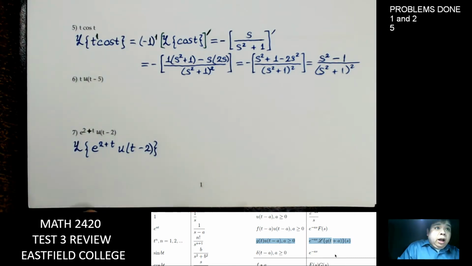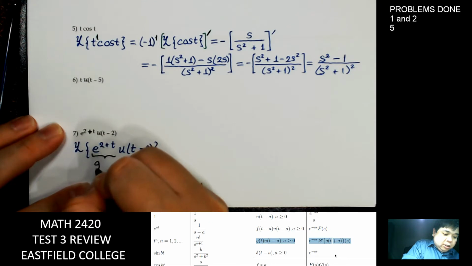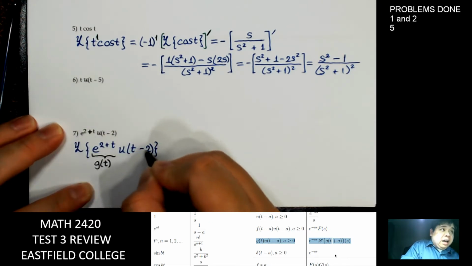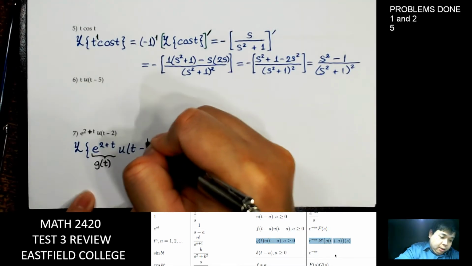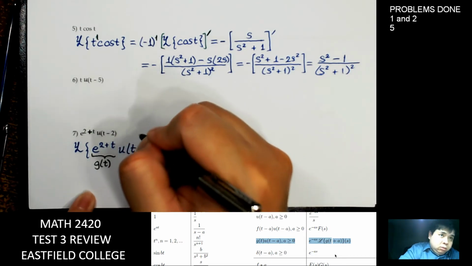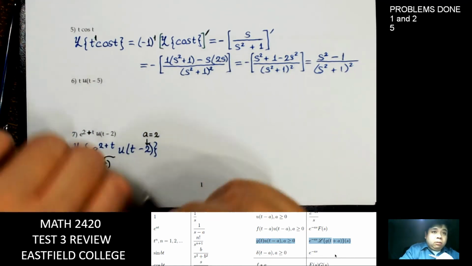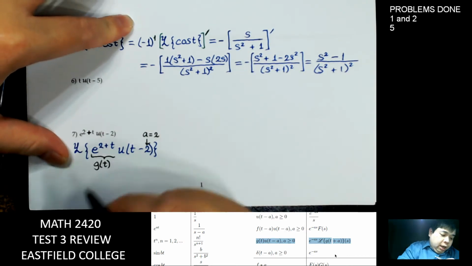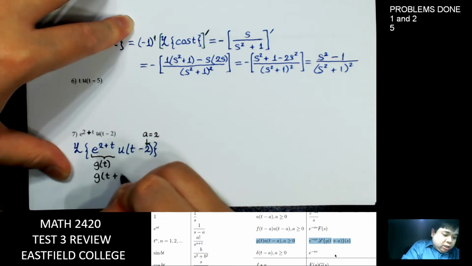Right. Now in the formula that I highlighted, we need to have the g of t, so this will be g of t. And from here, a is going to be 2. Next, we need to find the function g of t plus a, or t plus 2 in this case.